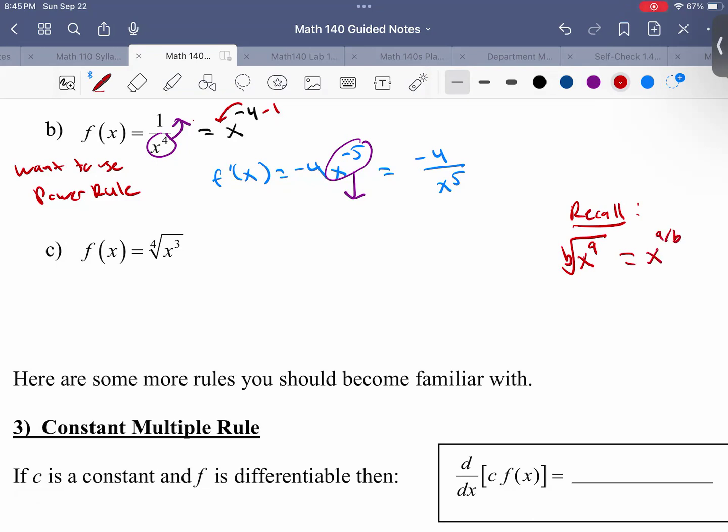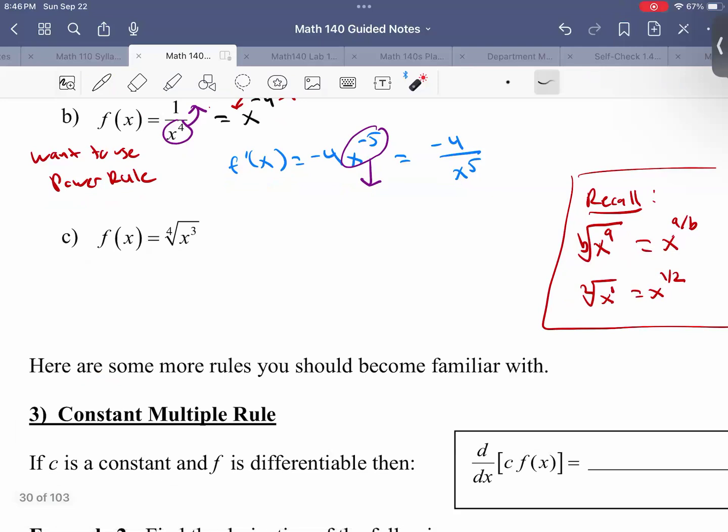It's the same exact thing. Think about a square root. That's like saying x to the 1/2. So I want to rewrite this in this form so that I can use the power rule, because I can't use the power rule like this. So what this becomes is x to the 3/4.